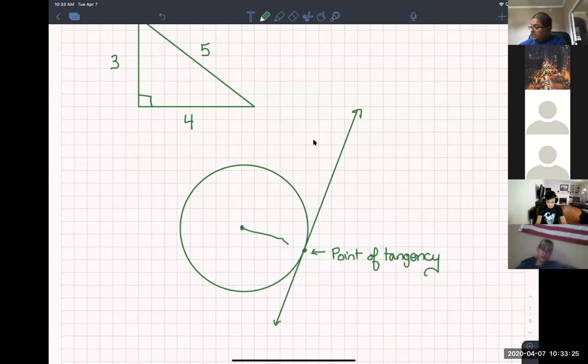And the radius and diameter is always perpendicular to the tangent at that point of tangency. So here's the question.